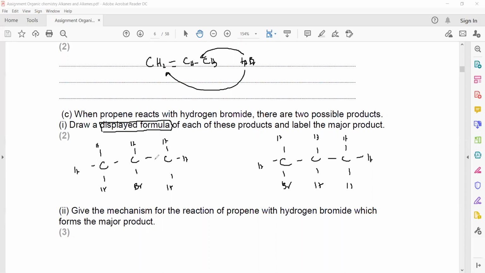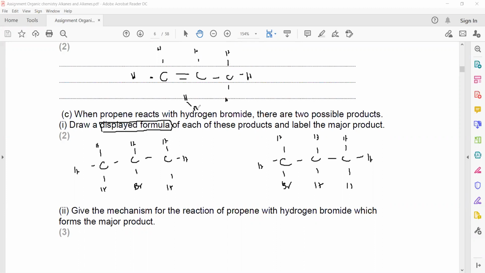Why is it the major product? Because when this reaction occurs, what happens? There's a double bond. HBr is already partially negative and positive because of unequal distribution. So when HBr is there, the partially positive hydrogen is attracted towards the electron-rich side, and bromine will take both of the electrons involved in the bonding.